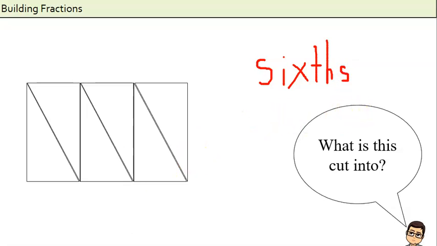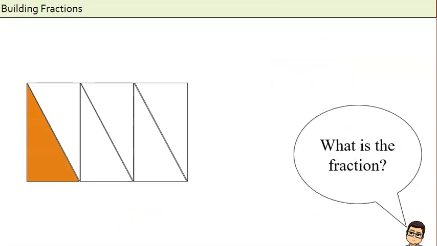Now I want to know, what is this fraction right here? I know this fraction is going to give me 1/6 because 1 is shaded and there are 6 total.